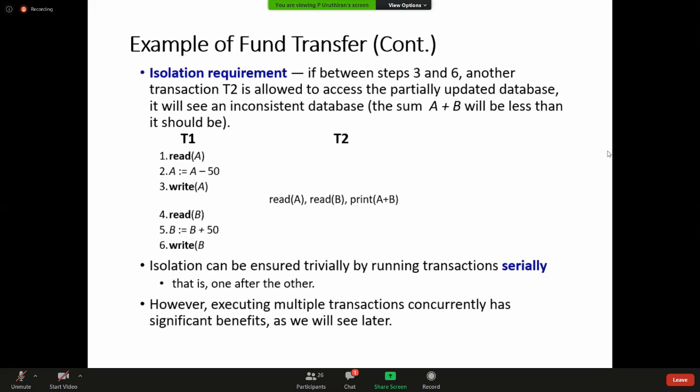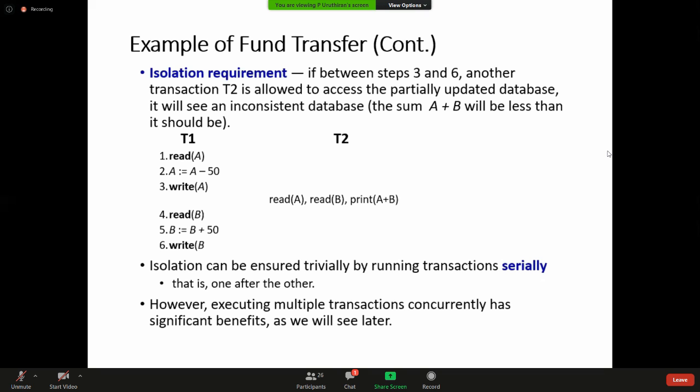However, executing multiple transactions concurrently has significant benefits, as we will see later. Concurrent means at the same time. If two transactions access the same particular data item at the same time, it is impossible, so we need concurrency control.